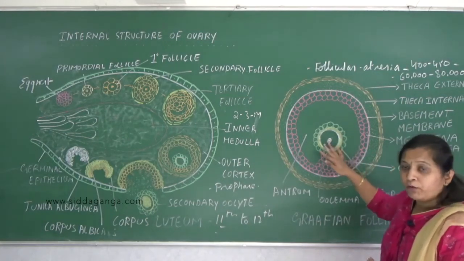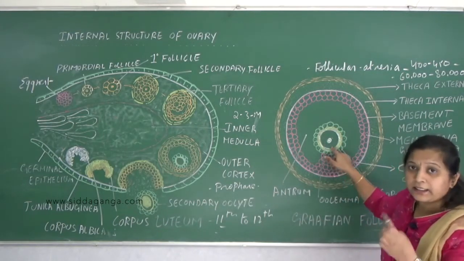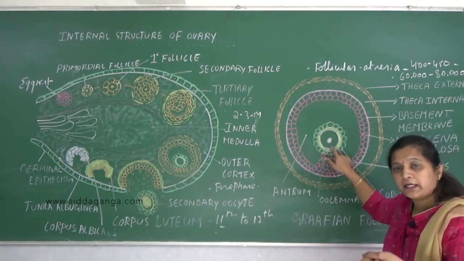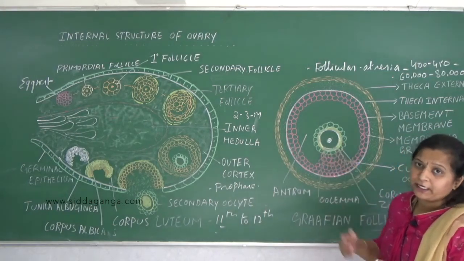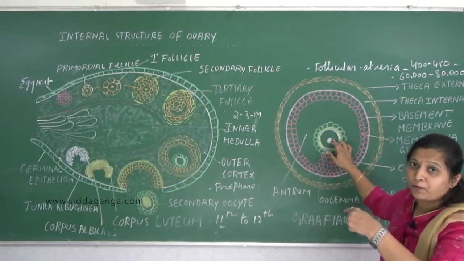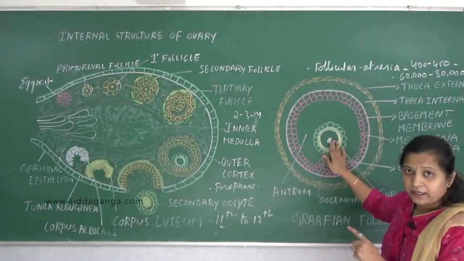That's why after ovulation a secondary oocyte is released, not an ovum. It has not yet completed its second meiosis. When will it complete its second meiosis? It will complete it at the time of sperm entry during fertilization.